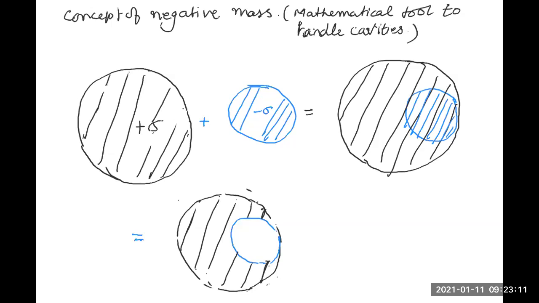Therefore, wherever there is the simultaneous existence of positive and negative mass densities, you get zero mass density, which is nothing but a cavity. So this is a cavity. Okay, so let's apply this here.